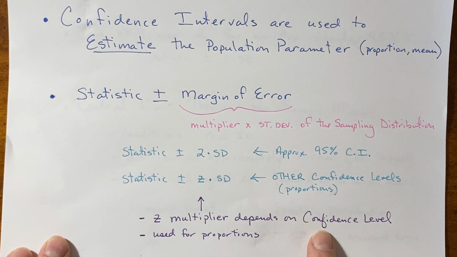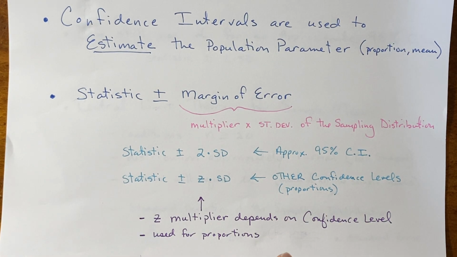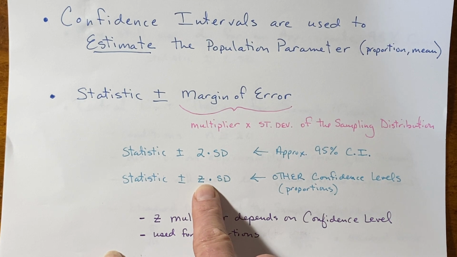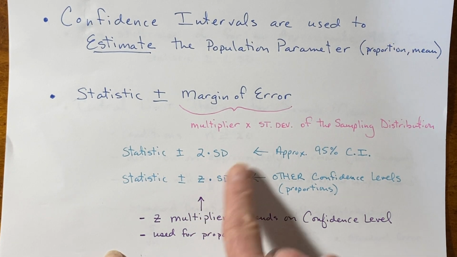For 90%, we would use a smaller multiplier, and for 99% a larger multiplier. We basically just went out farther. That's what we did for proportions: we used a Z critical value according to the confidence level.